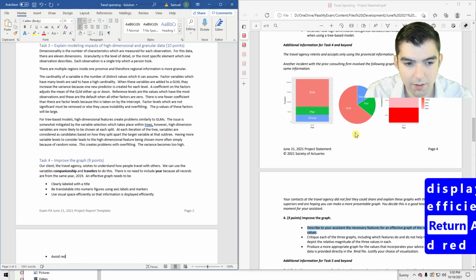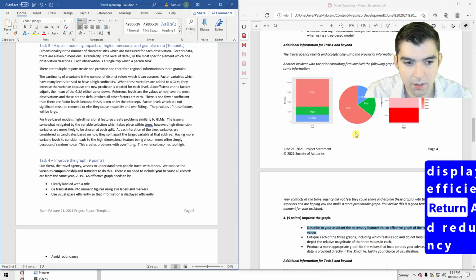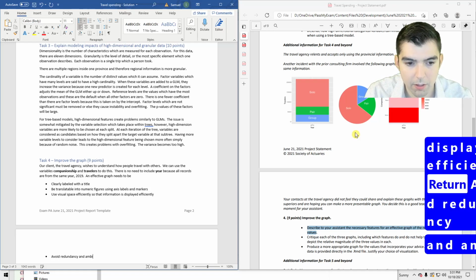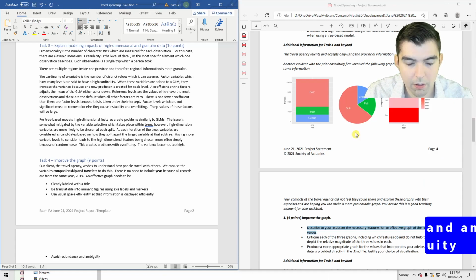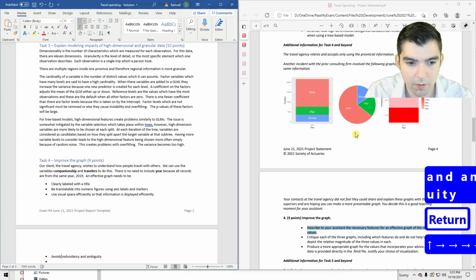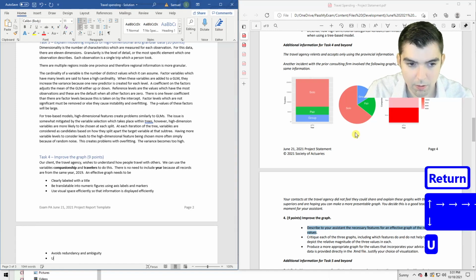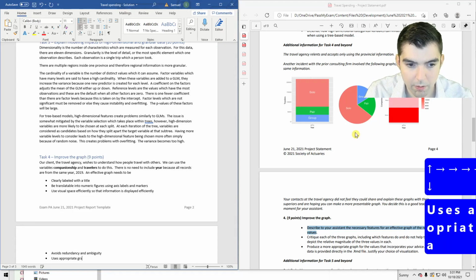Avoids redundancy and ambiguity. Uses appropriate graph types.